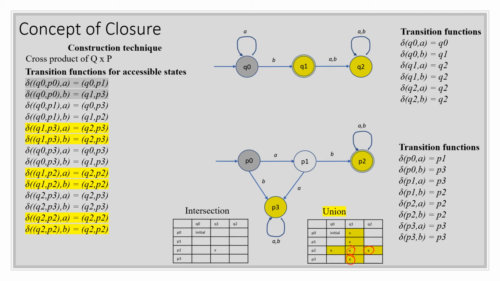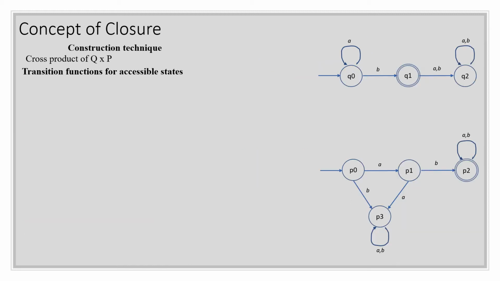Q1, P0 we never get to, I think, and Q1, P1 we never get to. We don't have a Q1, P1, and we don't have a Q0, P2. So we will have 3 accepting states for the union of the two languages, and we will have 1 accepting state in the intersection.